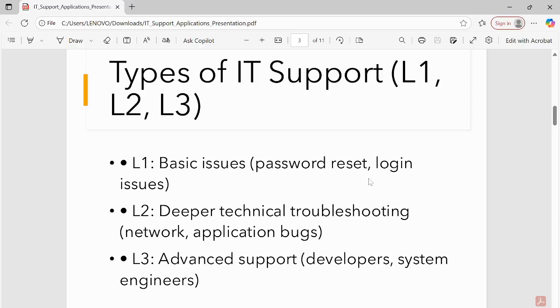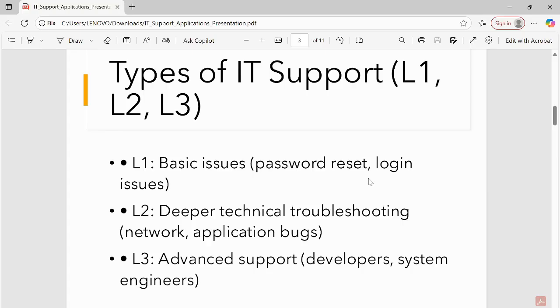Maybe the user's account is not created in the system, or the user has not reset their password within the limited time. Other basic issues include cache issues in the applications or network issues. All these issues will be taken care of by the L1 support engineer.